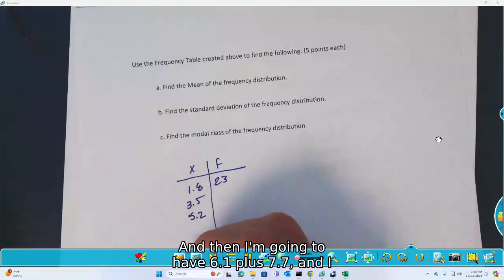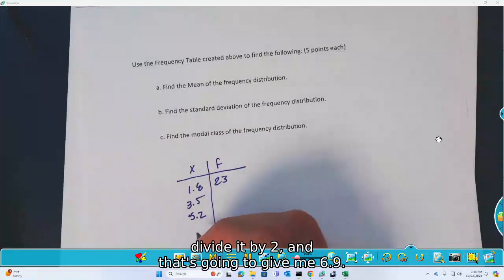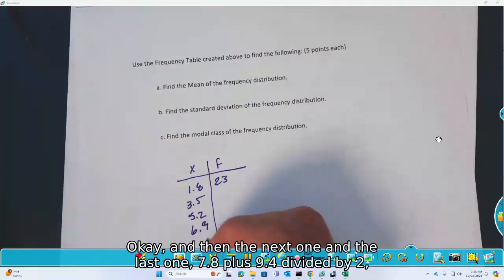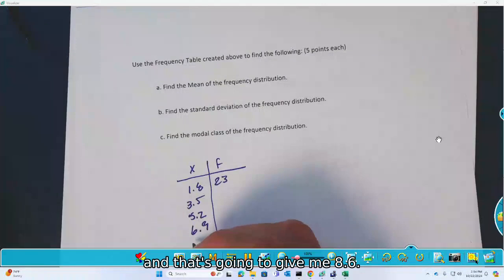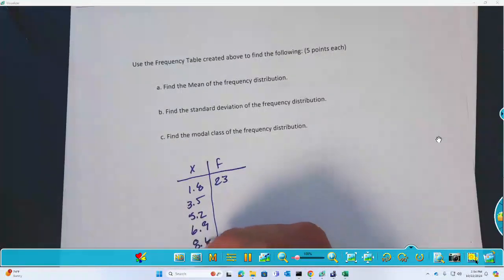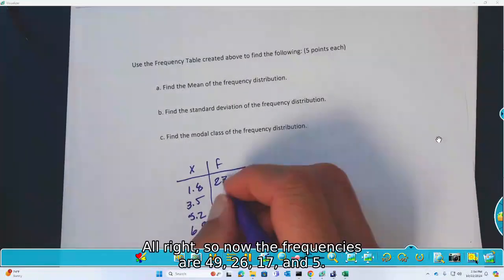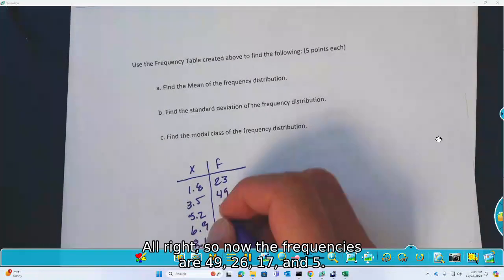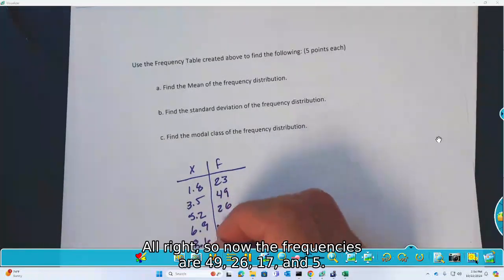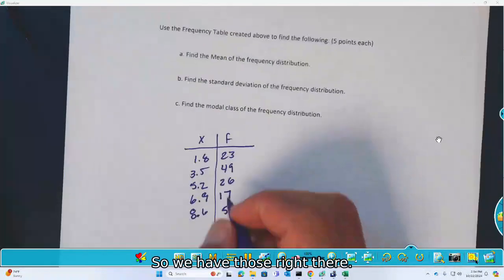Then 6.1 plus 7.7 divided by 2 gives me 6.9. And the last one, 7.8 plus 9.4 divided by 2, gives me 8.6. Now the frequencies are 49, 26, 17, and 5. So we have those right there.